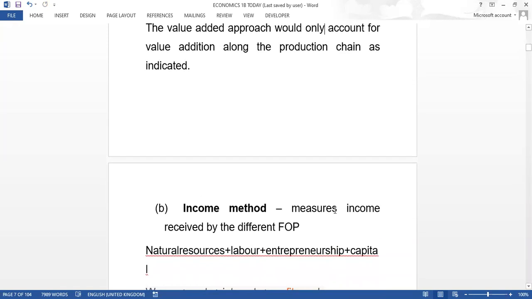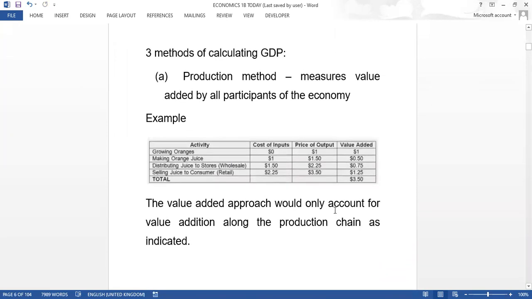All right, are we together? Then with the production method, or the value added method, you are simply supposed to add the value that has been added at each and every stage along the production value chain of the product.